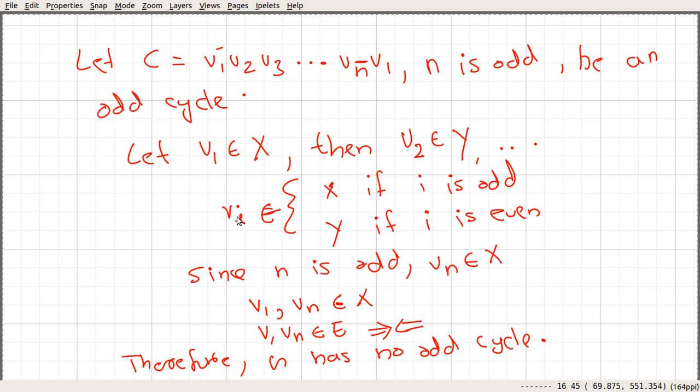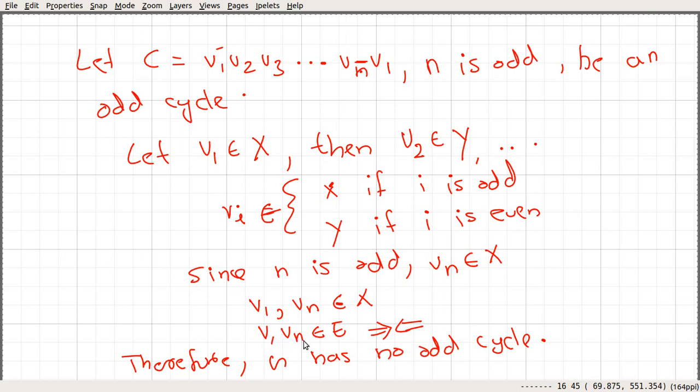In general, if you look at the index of Vi, if i is odd, then Vi must belong to X, and if i is even, then Vi must belong to Y. Since n is odd, Vn is an element of X by definition, and V1 is also in X, and if we consider this cycle, there is an edge between Vn and V1.